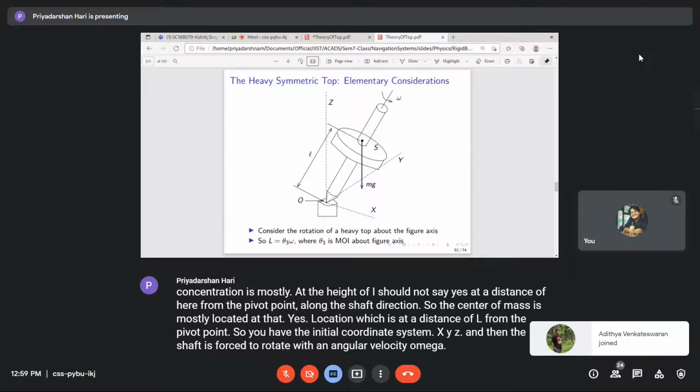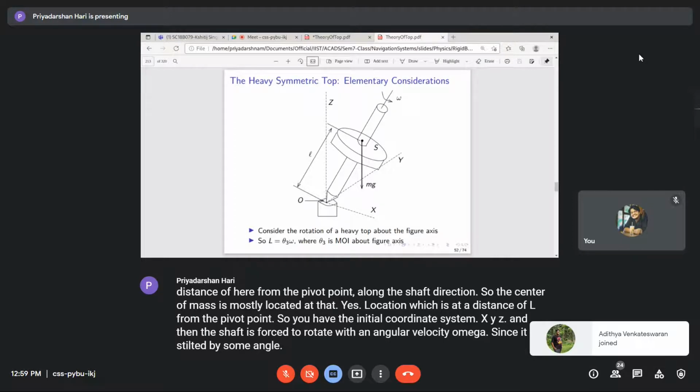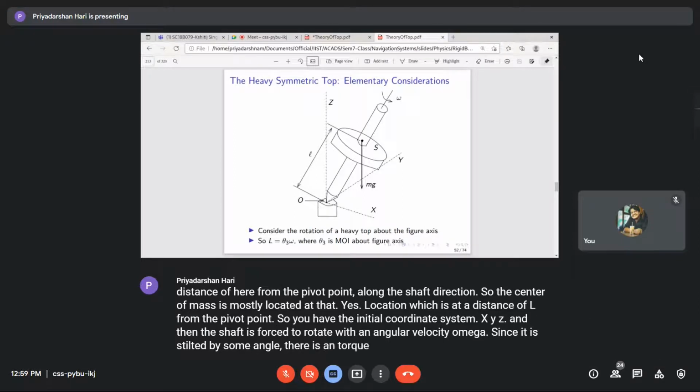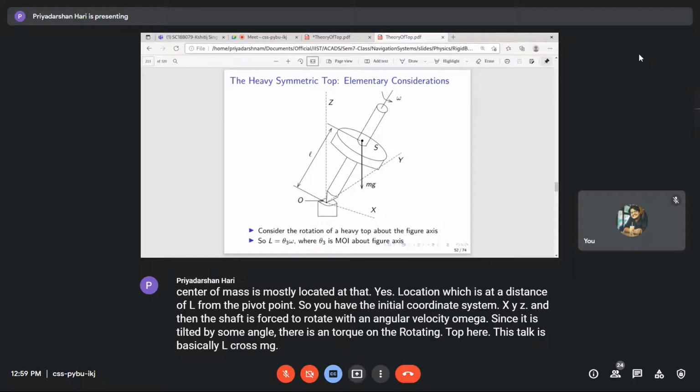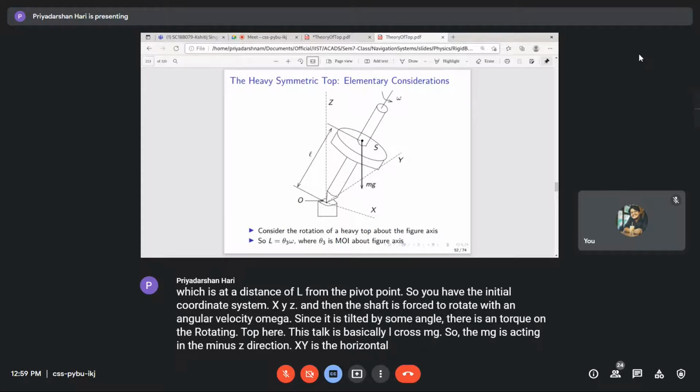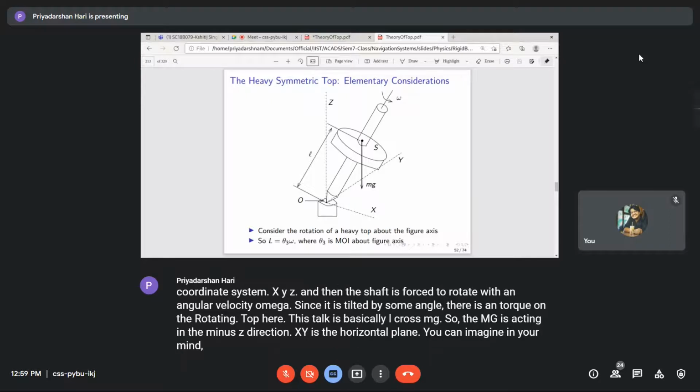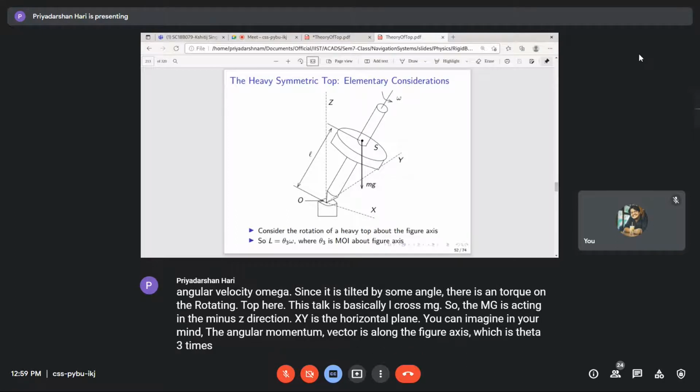Since it is tilted by some angle, there is a torque on the rotating top. This torque is basically L cross mg. The mg is acting in the minus z direction. XY is the horizontal plane you can imagine in your mind. The angular momentum vector is along the figure axis, which is theta 3 times omega.